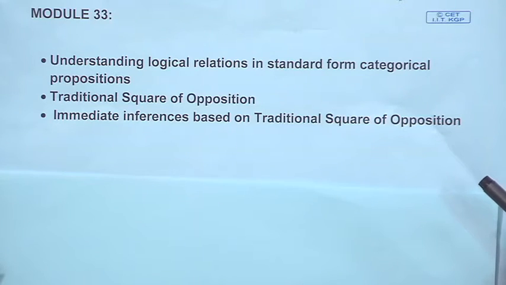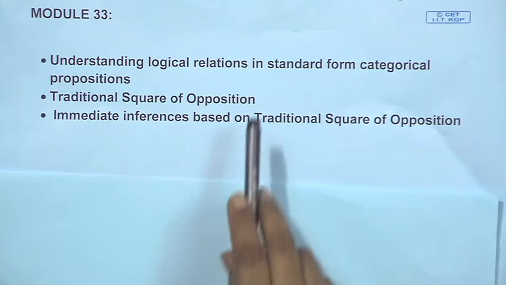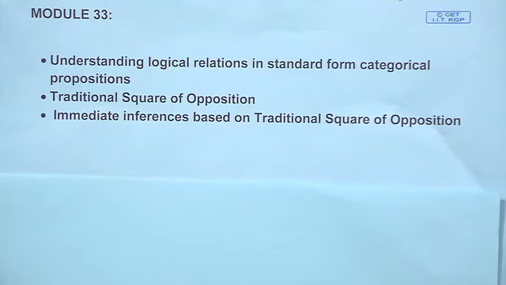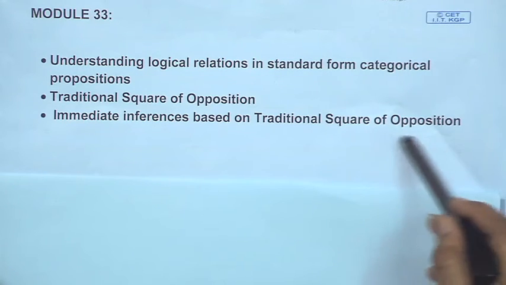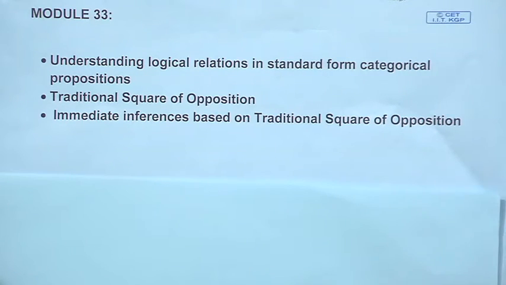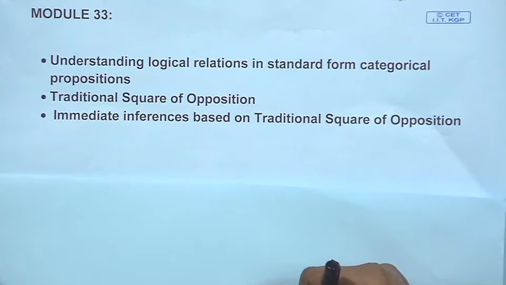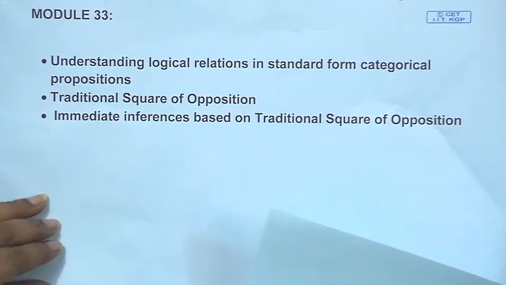Now it is time to understand what is going on inside them, and we will also learn about something called the traditional square of opposition, which holds a very important place in Aristotle's logic. Based on this, I will show you how immediate inferences can be done in the Aristotelian system. This is what we will learn in module 33 today.